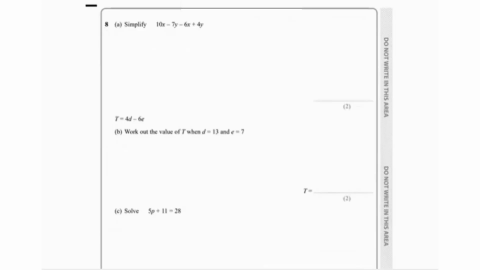Then question 8 says simplify 10x minus 7y minus 6x plus 4y. So in this, we collect the like terms first. We can see that 10x and negative 6x are like terms. Why are they like terms? Because both have the variable x attached to them and the variable x is raised to the same degree of power.